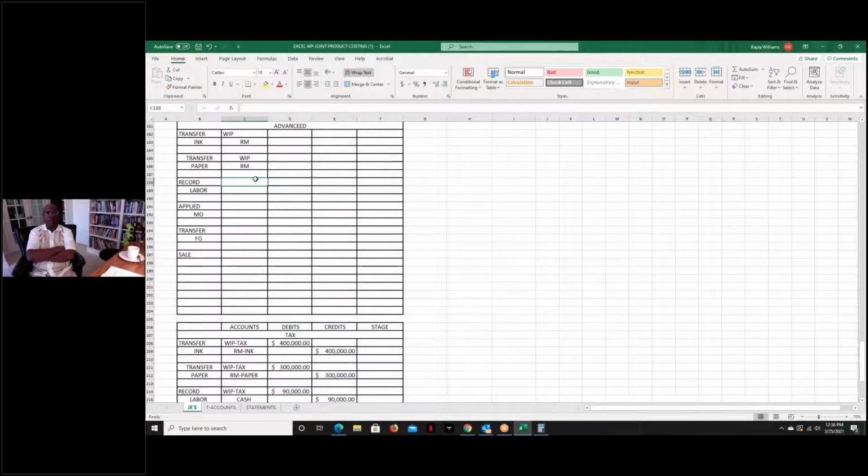Okay, so for the first one I did, for the ink, I did the original cost. I think it was 10,000 times 60, which is 600,000. How many books were you supposed to be making? 10,000, I think.